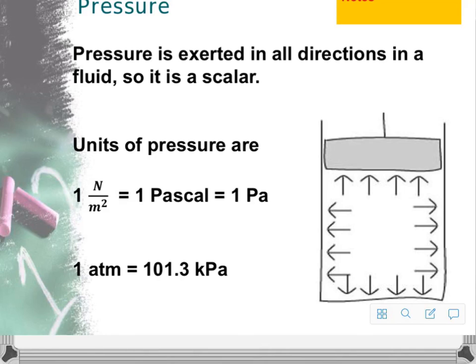That amount of pressure is 101.3 kilopascals at sea level. Now, up here in Omaha City, we're actually going to find out it's a little bit less than that. Okay, so those are the units of pressure that we use in physics.